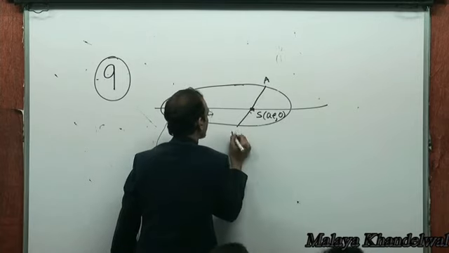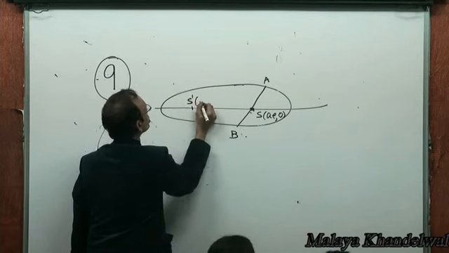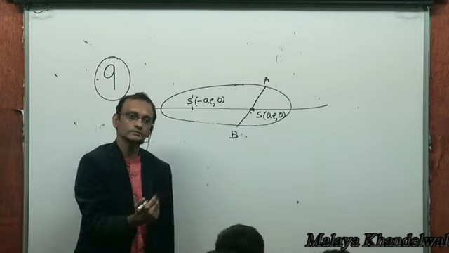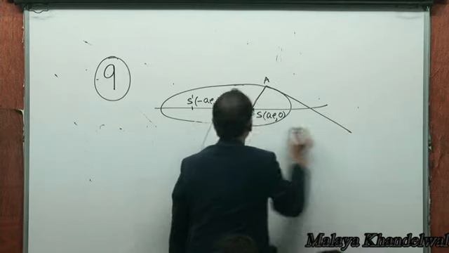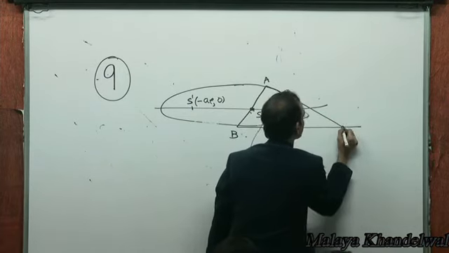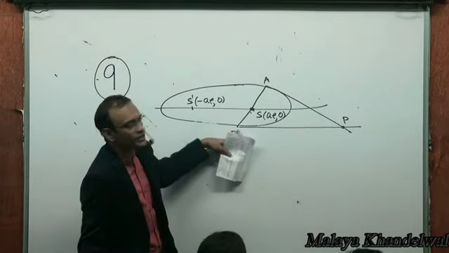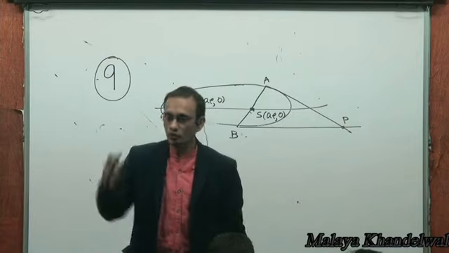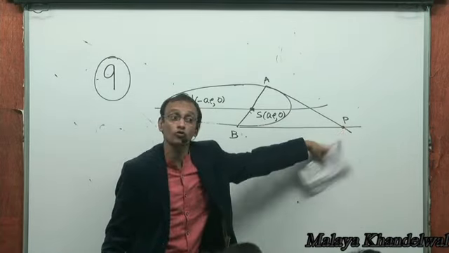This is a chord passing through (ae, 0), and there could also have been a chord passing through (minus ae, 0), right? And if tangents are drawn at A and B, say they intersect at P. I draw various focal chords and I get different P's. I want to find the locus of these P's. For various focal chords, I end up getting different P's, and I want to find the locus of all such P's.